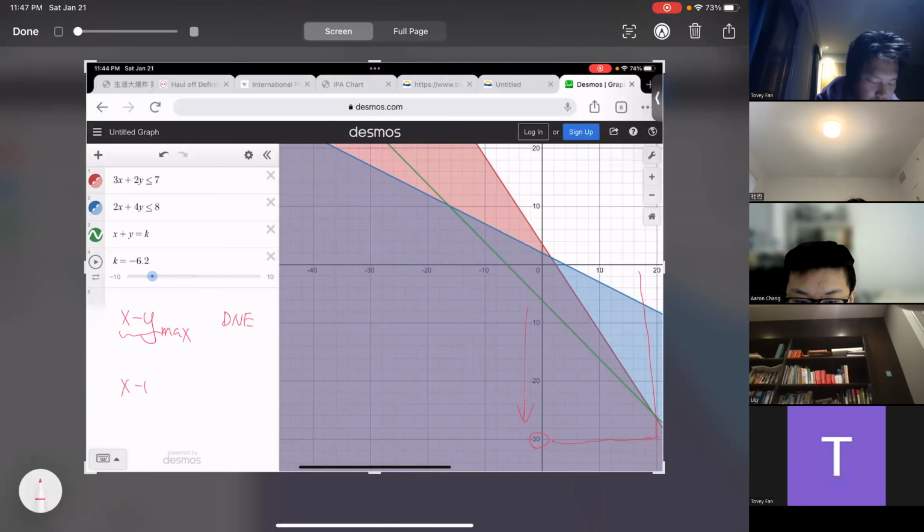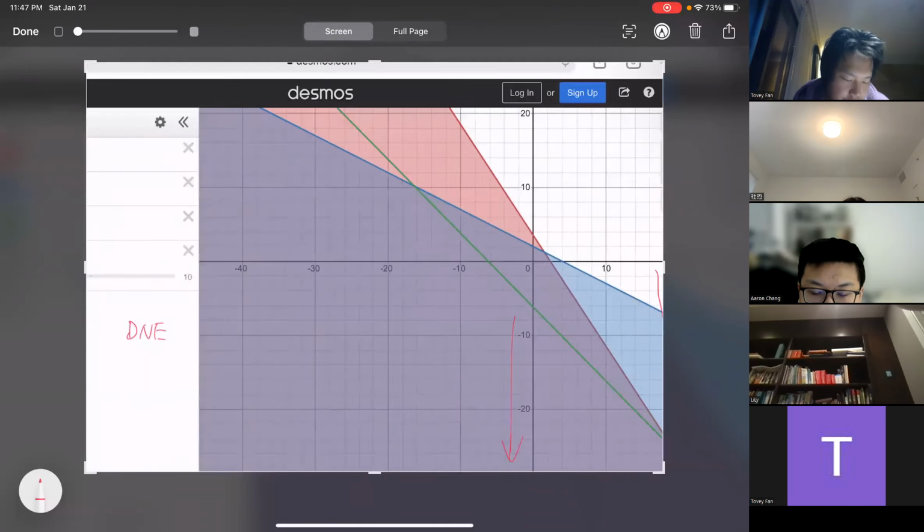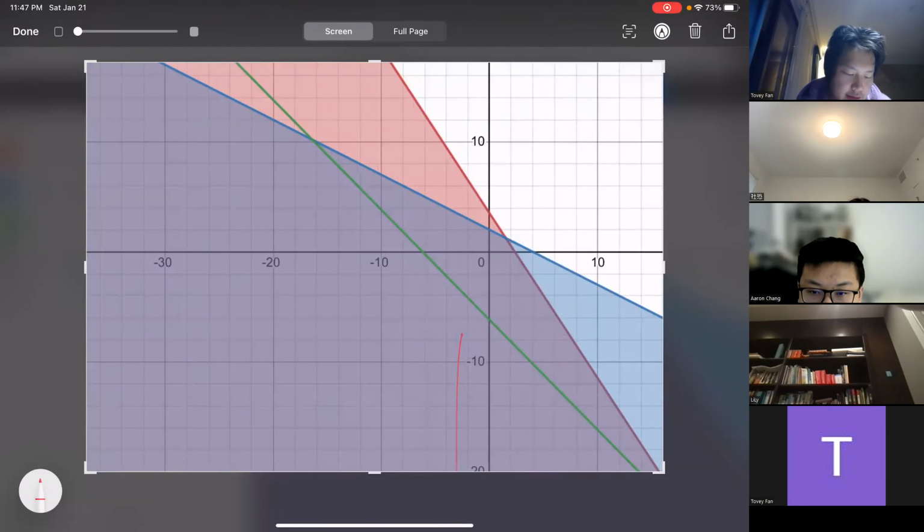Okay? And what about the minimum value of x minus y? See if you have any idea for the minimum value. When it passes the origin. The origin. Okay, so if the minimum value exists, it will be at the intersection.